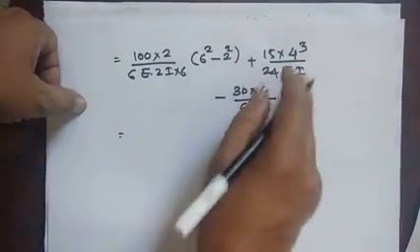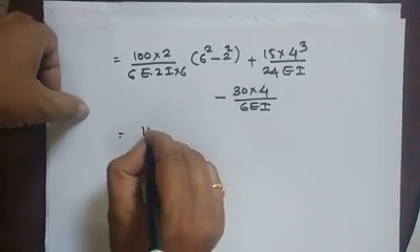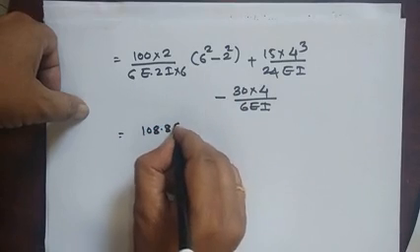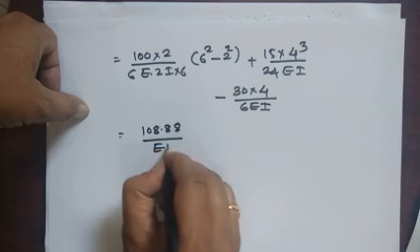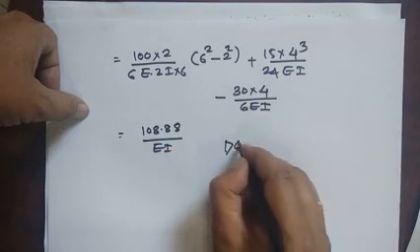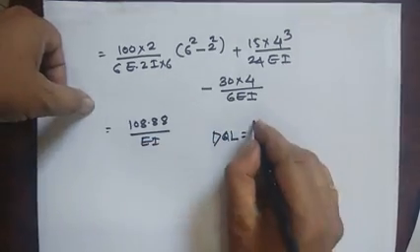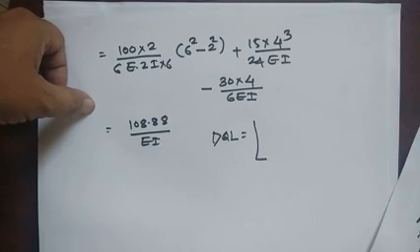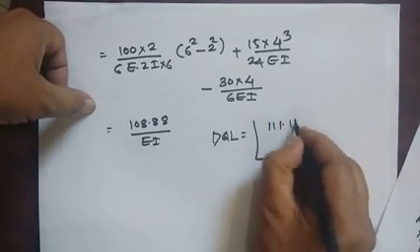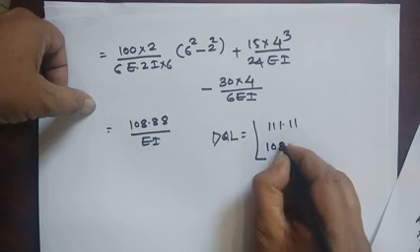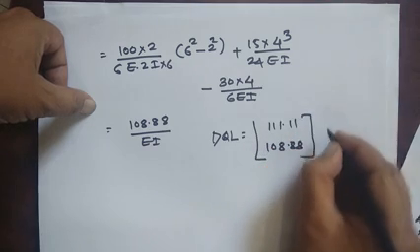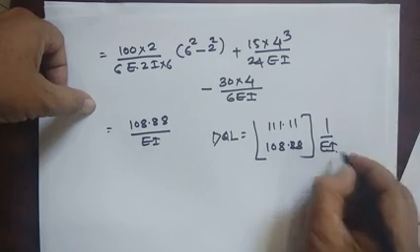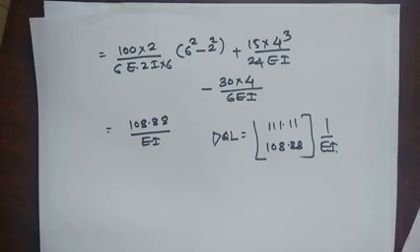So if you do the calculation, the final answer is 108.88 divided by EI. So we got this DQL matrix, DQL1 is 111.11, and this is 108.88 upon EI.